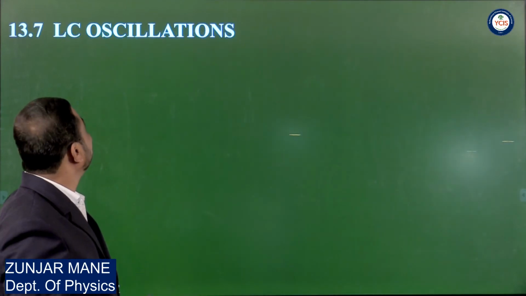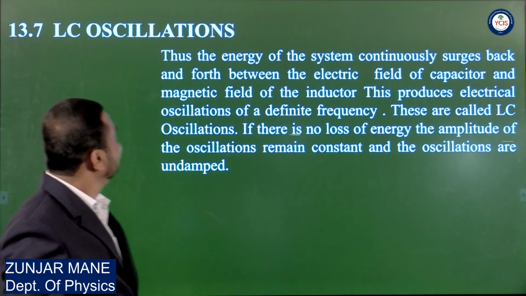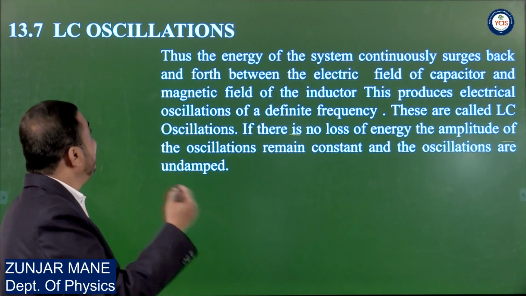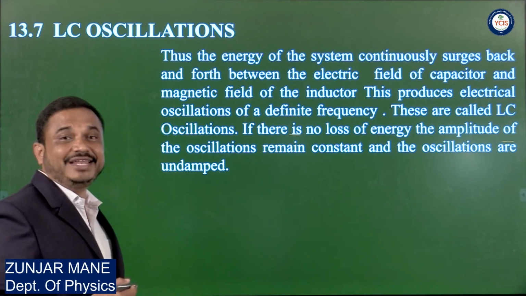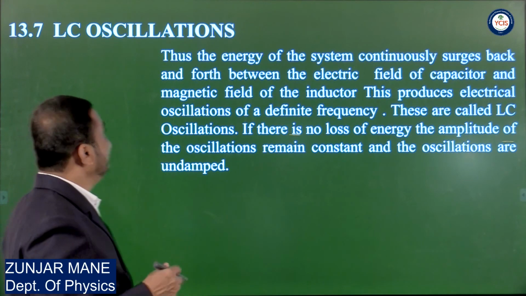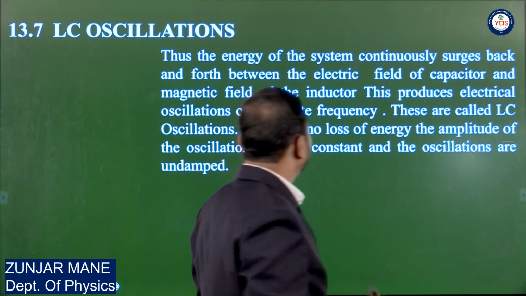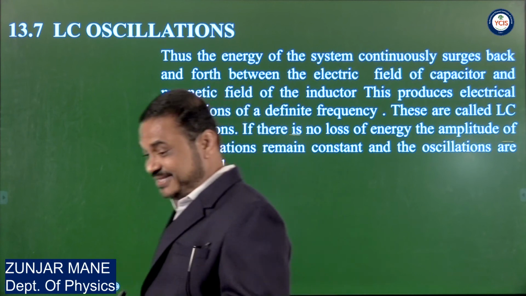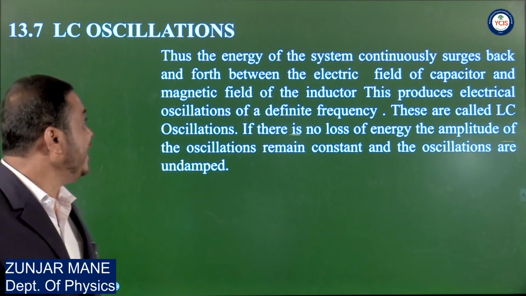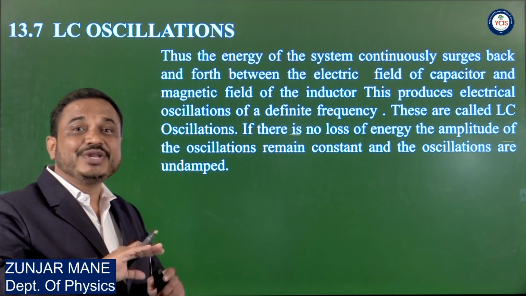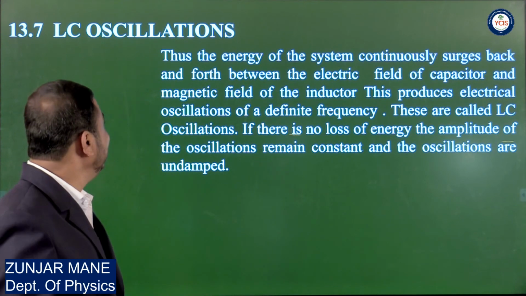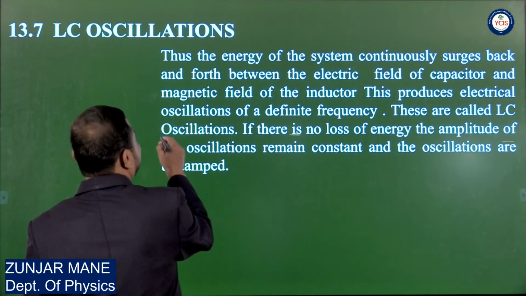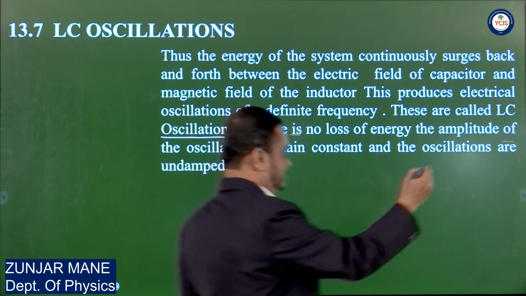In this way the energy of the system continuously surges back and forth between the electric field of the capacitor and the magnetic field of the inductor, and this produces oscillation of definite frequency and definite amplitude if there is no resistance in the capacitor and inductor. These oscillations are called LC oscillations.